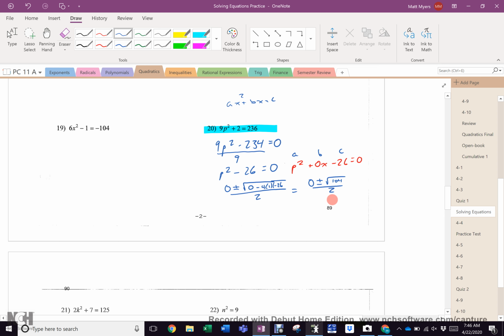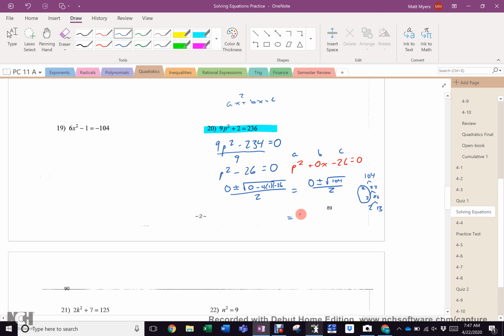And now, really, what we need to do here is simplify the 104. So 104, of course, breaks down into 2 and 52, 2 and 26, 2 and 13. There's a group of 2.